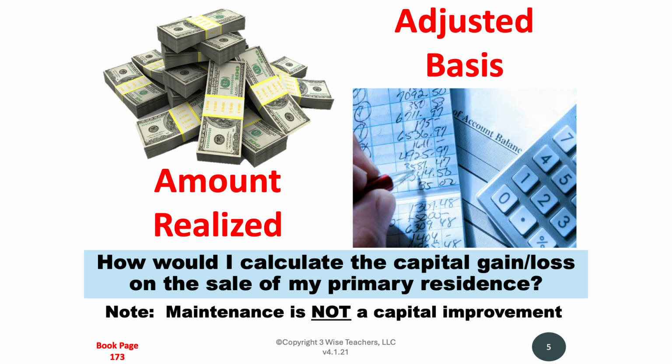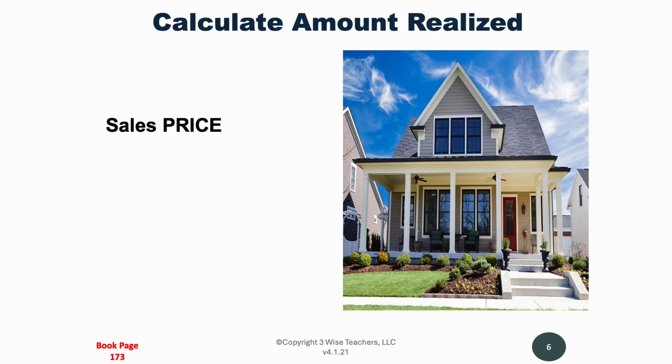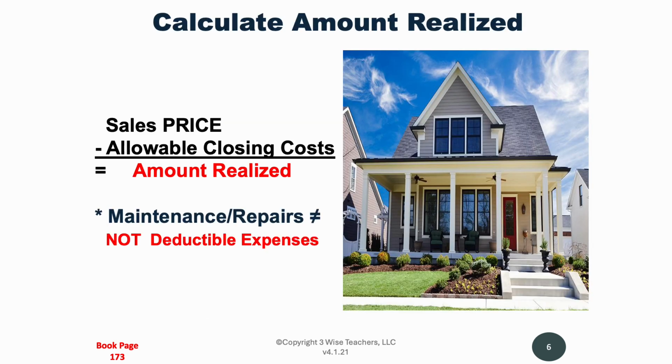Let's go a step further and let's talk about what some of these words mean. Okay. So to calculate your amount realized, now remember, amount realized minus adjusted basis equals capital gains. So to find the amount realized, here's the formula that we're going to use. Keep in mind, capital gains are not an issue until you sell your property, right?